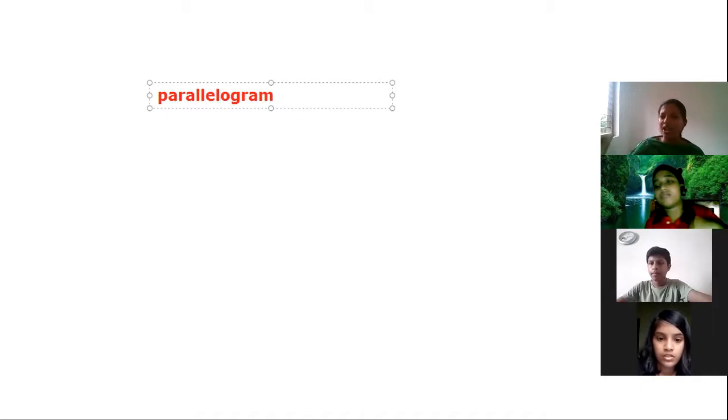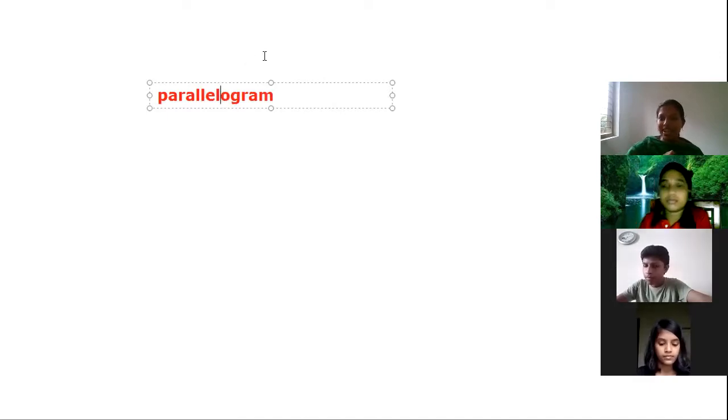Parallelogram is also a four-sided polygon, or quadrilateral. Then what is the specialty of a parallelogram? It should have two pairs of opposite sides which are parallel.